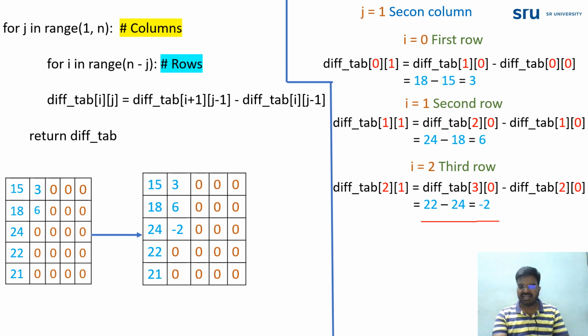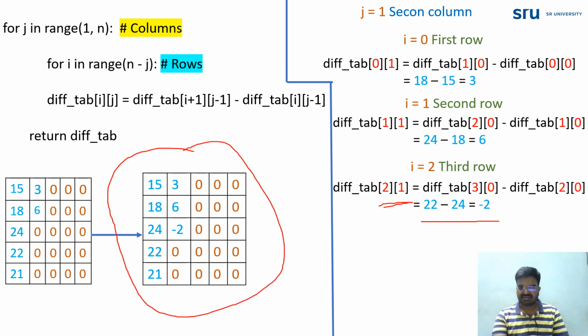So you can see the indices 3, 0 and 2, 0. Okay, after this subtraction, we have to save the result in third row, second column. So the index is 2 comma 1. After this calculation, you can see the resulting table. It will be like this.